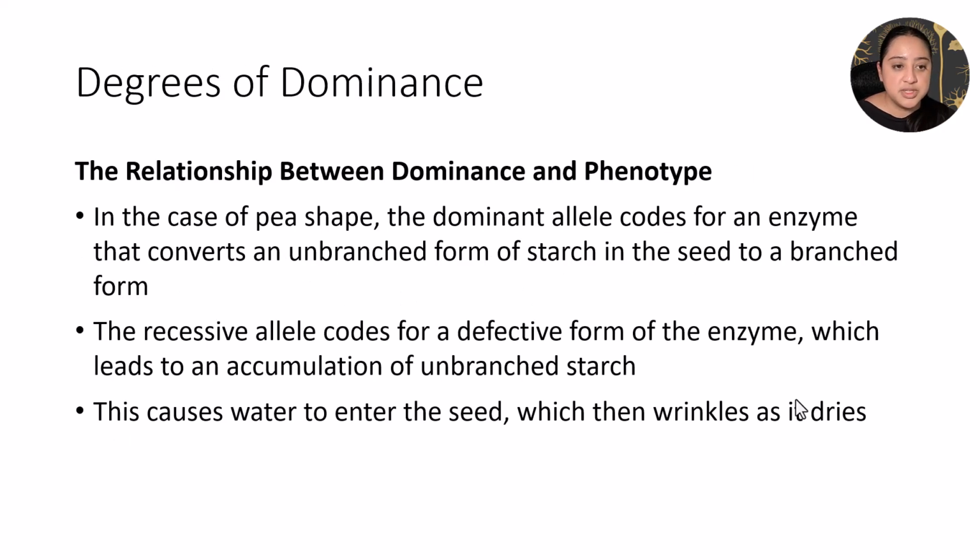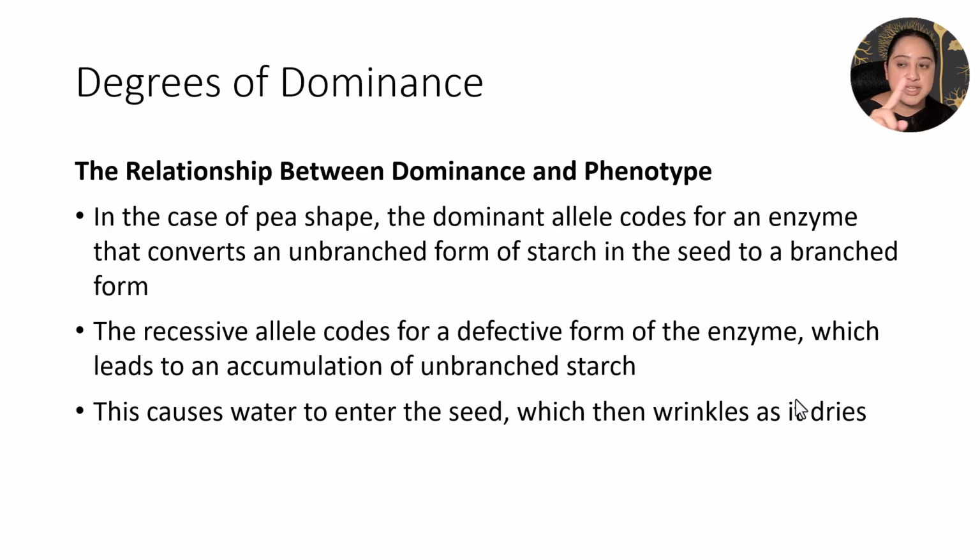So that's multiple alleles. And again, there's a relationship between dominance and phenotype. So whatever the dominant is leads to a structural difference. So for example, in pea shape, the dominant allele is an enzyme that actually codes for a different form of starch, changing it from unbranched to a branched form.